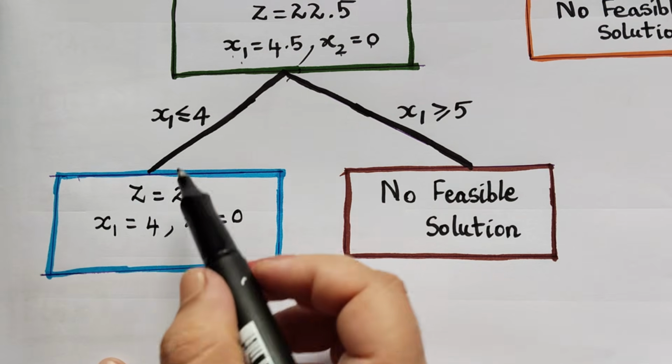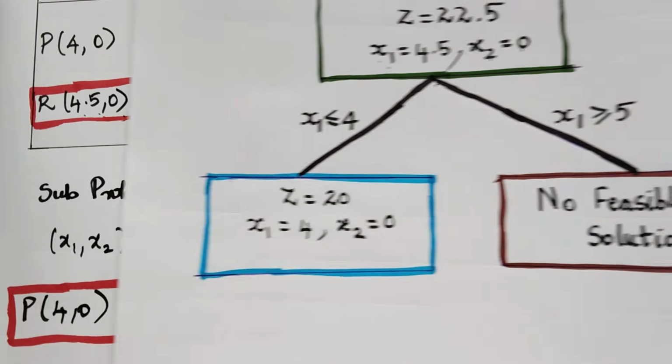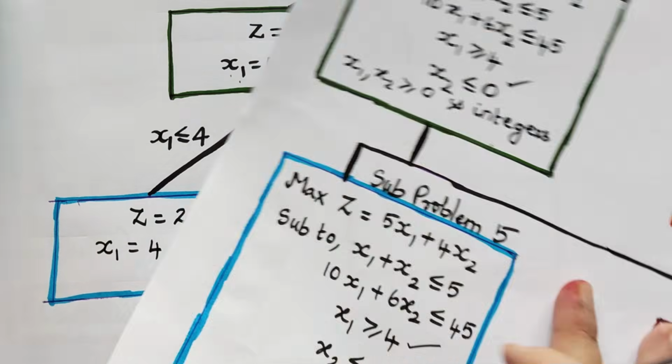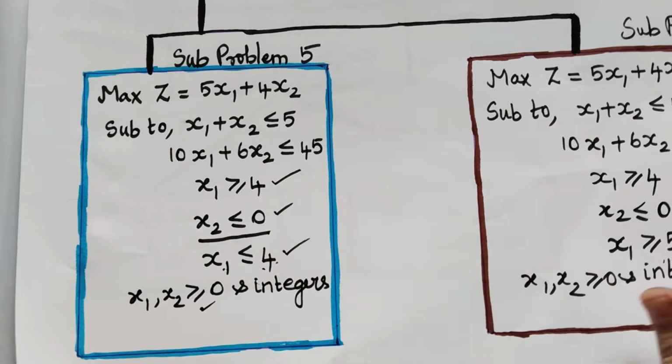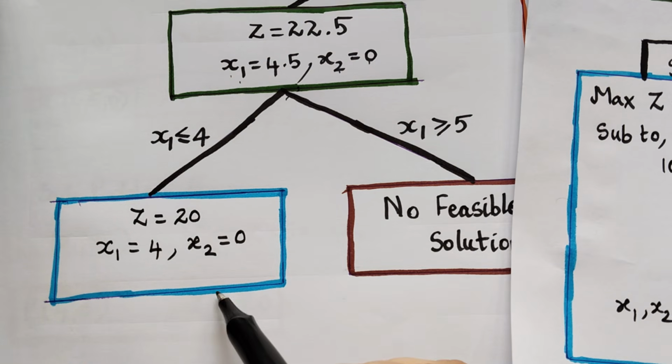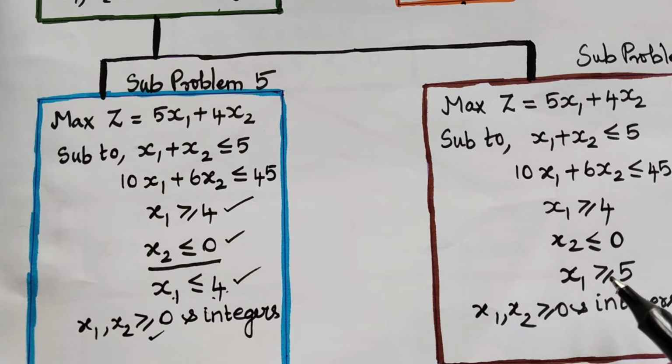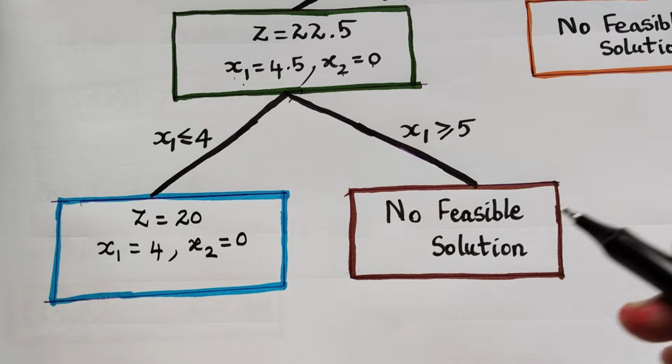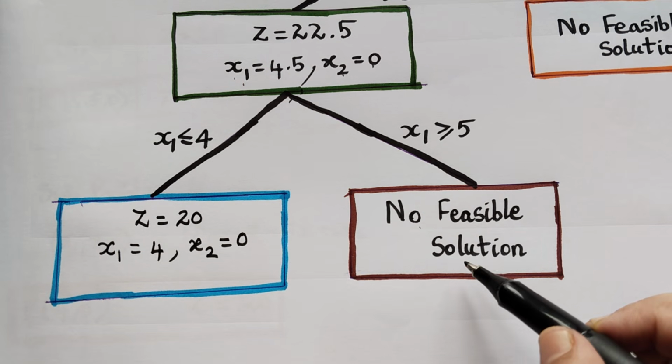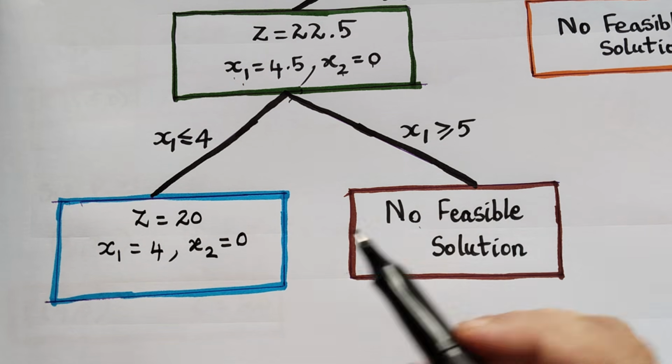So when we have taken x1 lesser than or equal to 4, we got this solution. And when we have taken x1 greater than or equal to 5, we have obtained no feasible solution, that is an infeasible solution. So hence the problem is done.